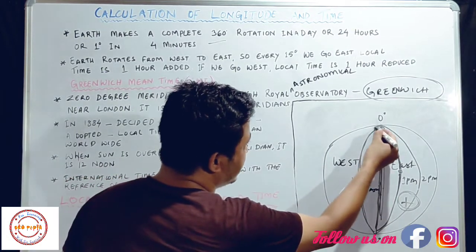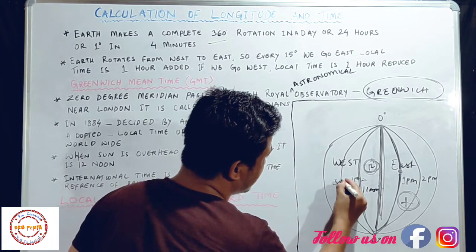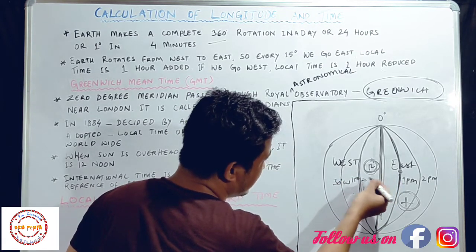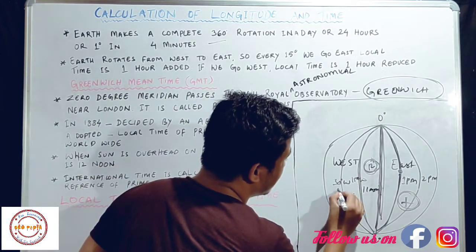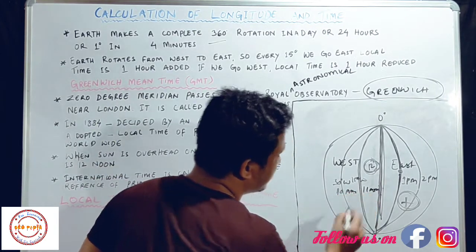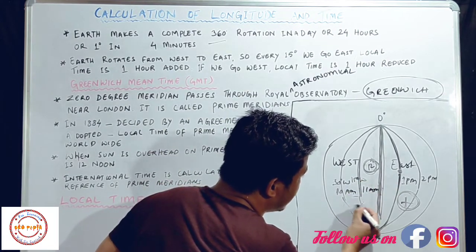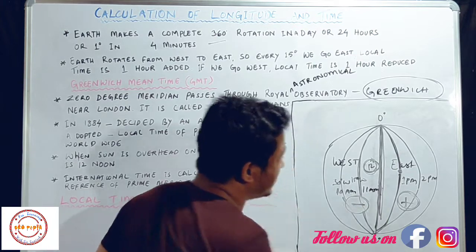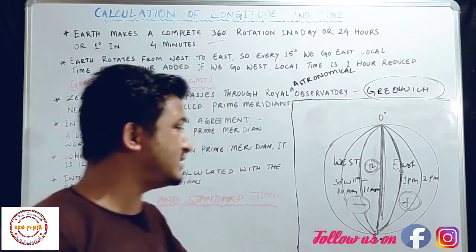Further, if you come 15 degree more from here to the west, then this will be 30 degree west, and again 1 more hour will be reduced, then here it will be 10 a.m. So students, from here we can say, if you come west from the east, then your time will be deducted. I think you got the concept, right?